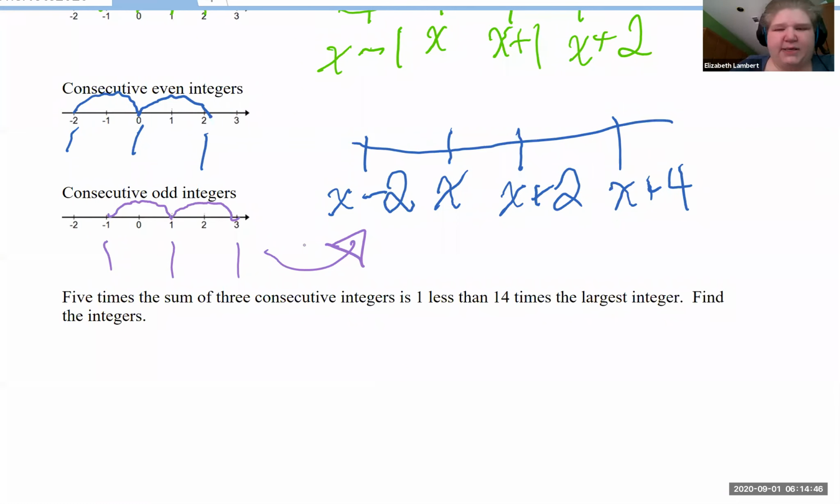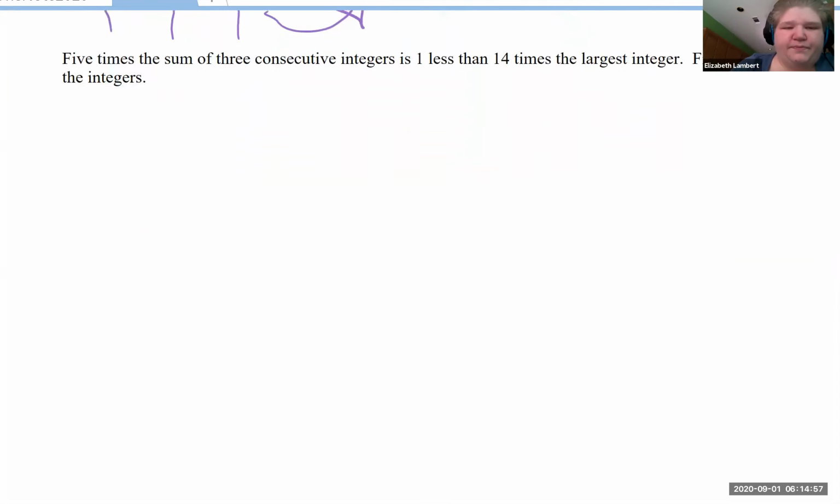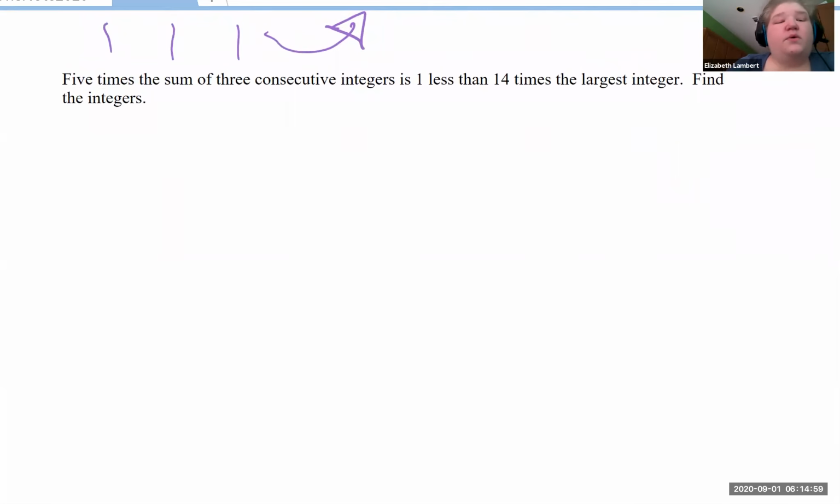All right, so now we have one that's going to give us some practice with translation a little and show us how to work one of these consecutive integer problems. So 5 times the sum of 3 consecutive integers is 1 less than 14 times the largest integer. Find the integers. Okay.